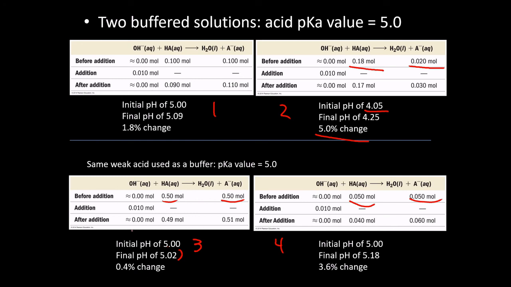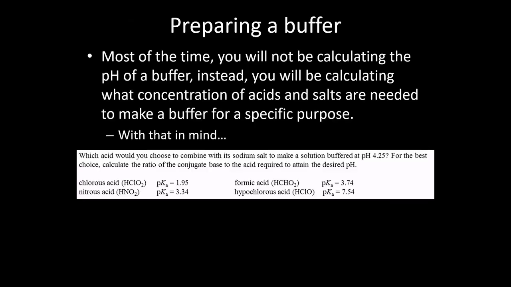So the range and the capacity of a buffer are really important things that we need to take into account when we're deciding what kind of buffer we're going to use, deciding how strong or how high a capacity a buffer we want to make. We have to take these things into account.